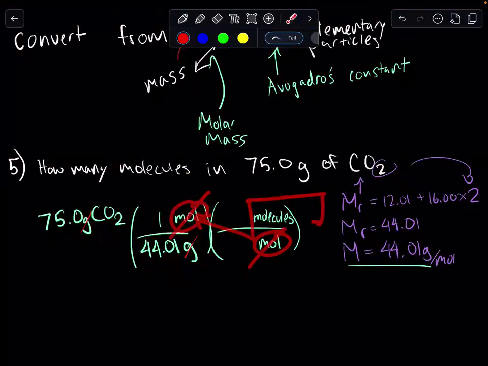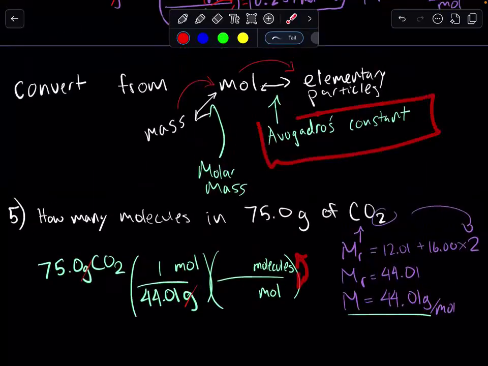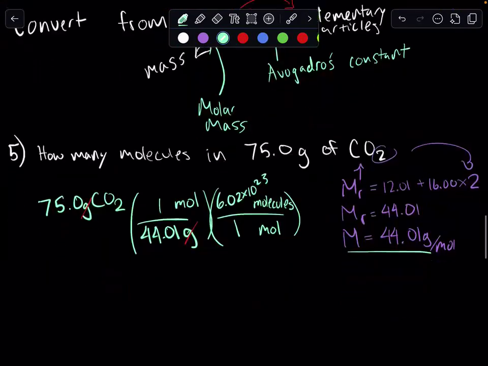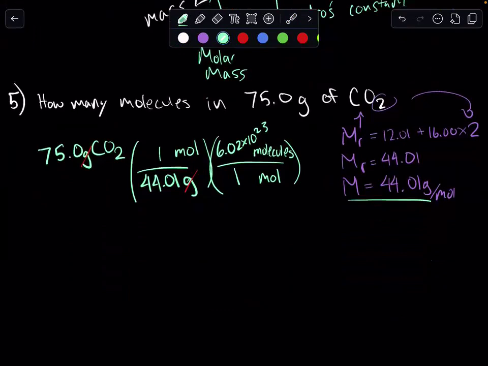So I'm left with the unit I want, molecules. Now I need some way to convert between elementary particles and moles. Well, that's just Avogadro's constant, which tells me that 6.02 times 10 to the 23rd molecules is 1 mole. So this is the way we do this conversion. And then I just cross things out.